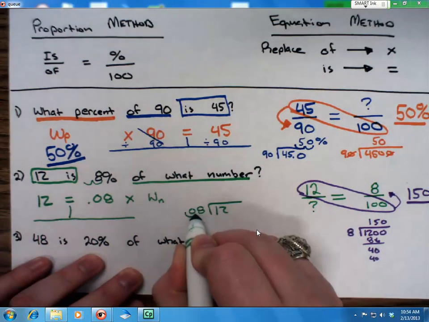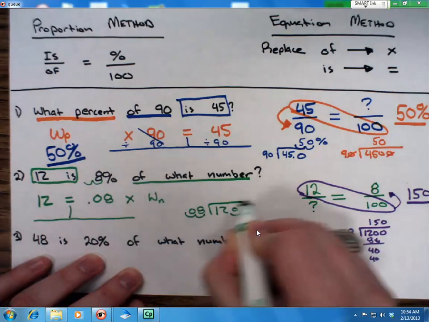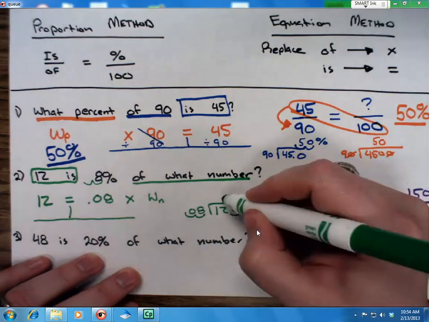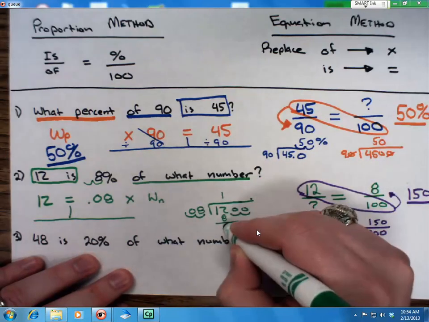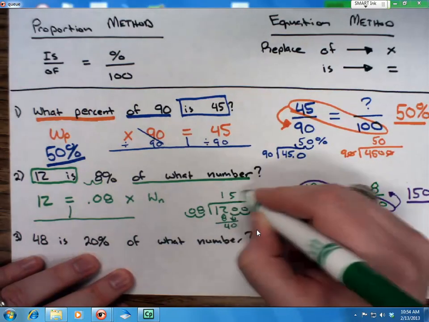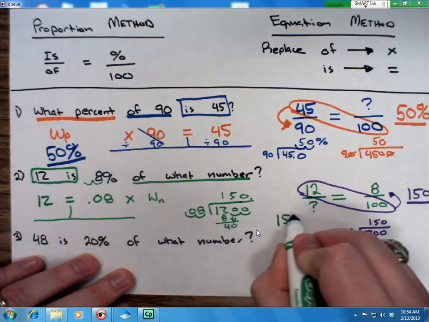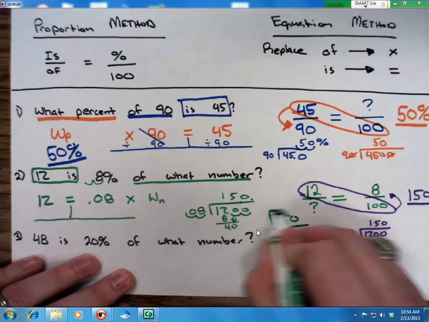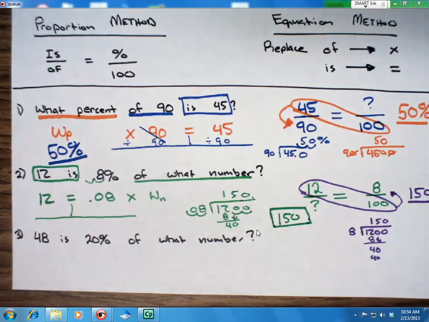Move my decimal over 2 places, and I divide like normal. 8 goes into 12 one time. I get 150, which is the same thing that I get over there. As you can see, it doesn't matter which method I choose to use, it gets you the same answer.